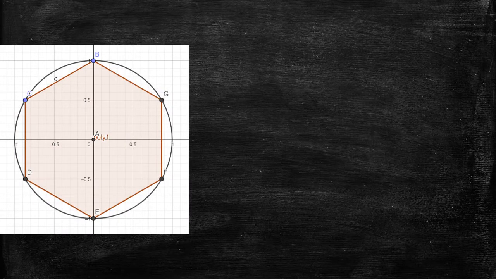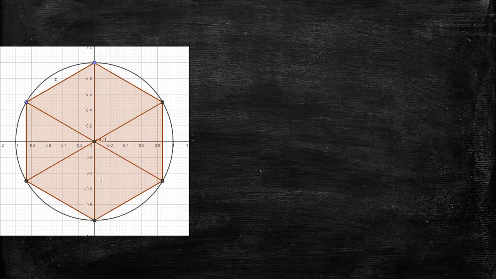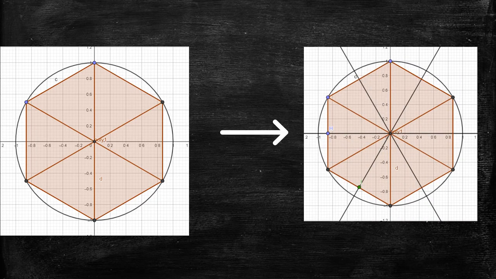Here is our hexagon in a circle. The diameter is 2, radius 1. I break the hexagon into 6 triangles. Then I get each of these triangles and break them into 2 right triangles. We will only need to focus on one of these triangles.